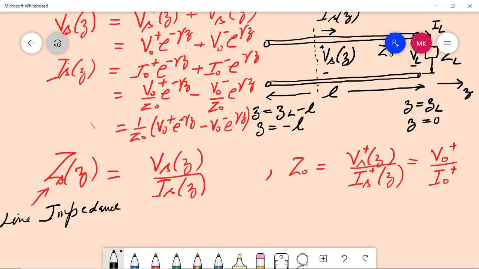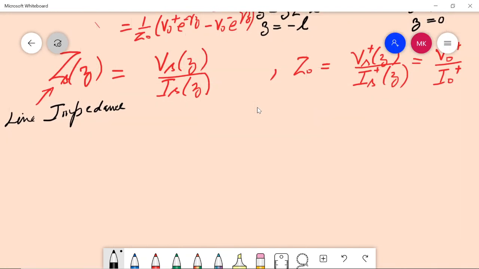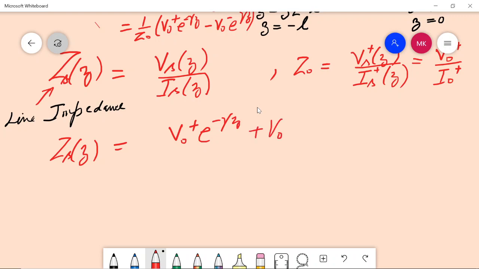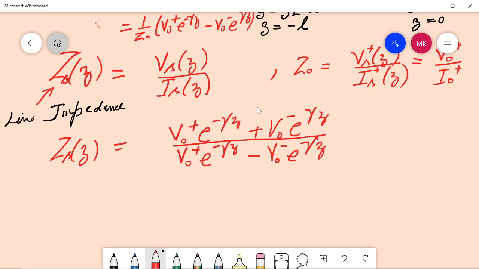Now going further, this Z(z) can be written as Vs(z), which is V0 plus e to the power minus gamma z plus V0 minus e to the power gamma z, over V0 plus e to the power minus gamma z minus V0 minus e to the power gamma z, and you have to divide with Z0. So Z0 is independent of z, and this will be depending upon z.